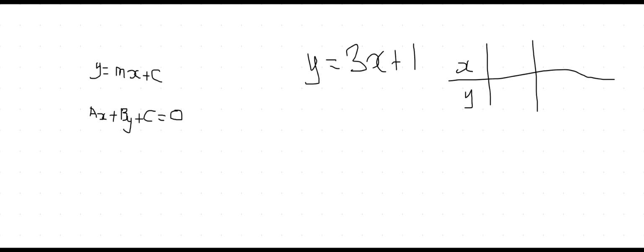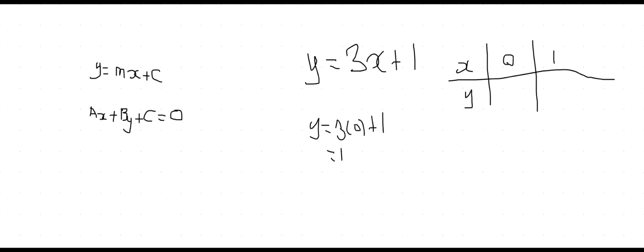So in this case, I'll use 0 and 1 just for easier mathematics. So when x is 0 and when x is 1. When x is 0, y is equal to 3 times 0 plus 1. 3 times 0 is 0. 0 plus 1 is simply 1. So when x is 0, y is 1.